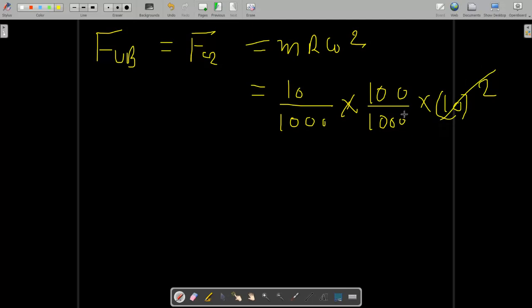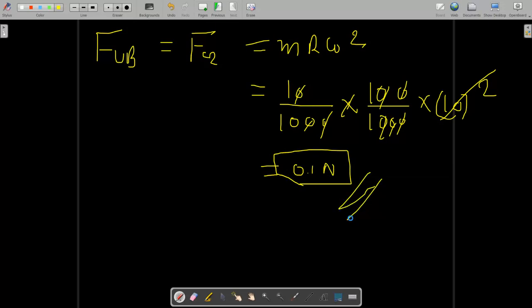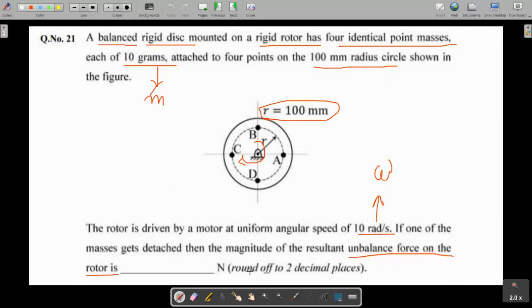The 10 square cancels out, leaving 1 by 10, that means 0.1 Newton. This is the answer to our question: the unbalanced force is 0.1 Newton. We have to round off to 2 decimal places, but here the second decimal place is zero, so our answer is 0.1 Newton.